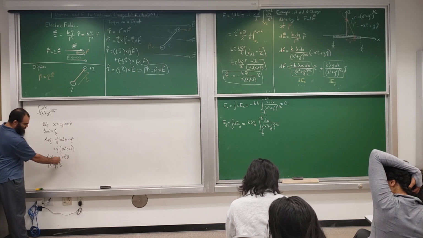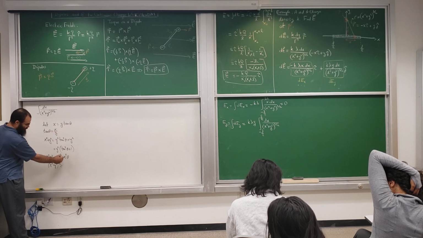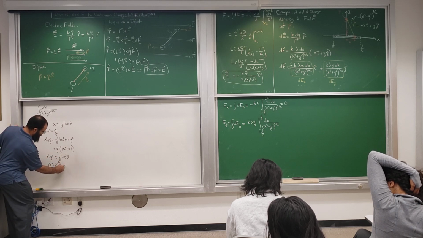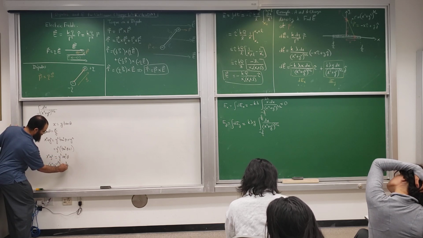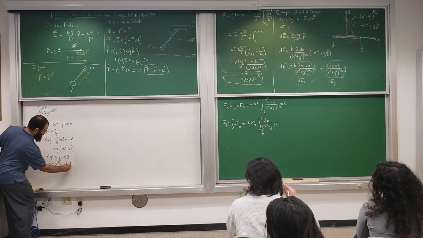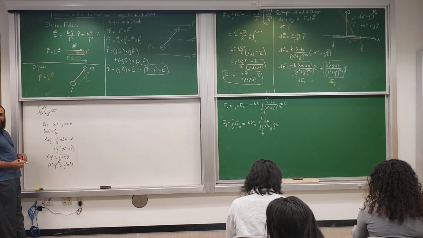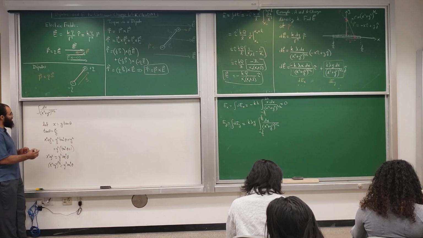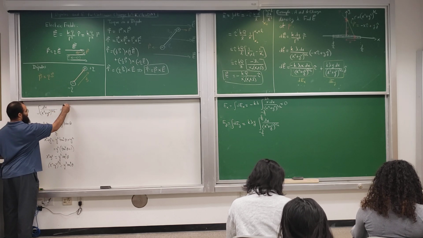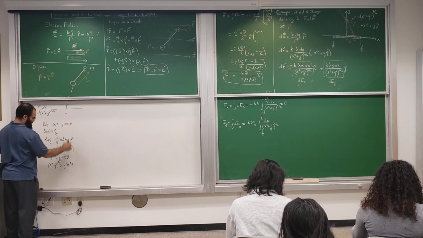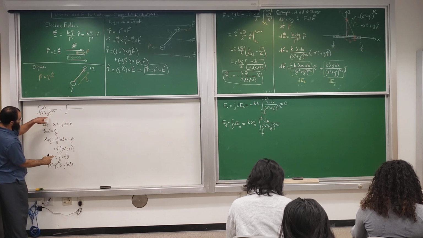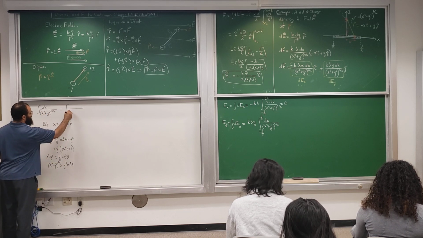Because these are squared, you square root them and then cube them. So you get y cubed secant cubed of theta. Yes, we're good with that. On the bottom, I'm going to just substitute y cubed secant cubed.